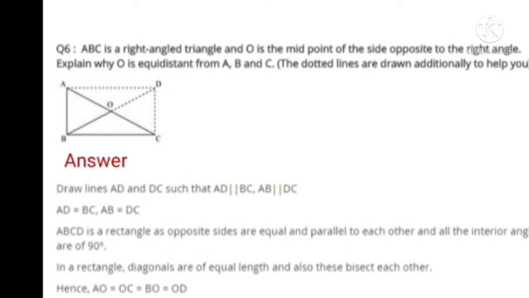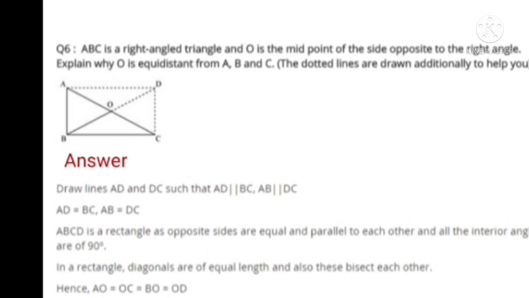Another property of the rectangle is that the diagonals bisect each other and the diagonals are equal. So AC equals BD, OA equals OC, and OB equals OD. Therefore OA equals OB equals OC equals OD.